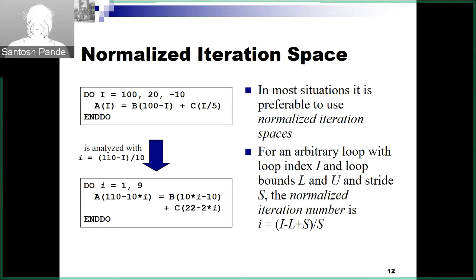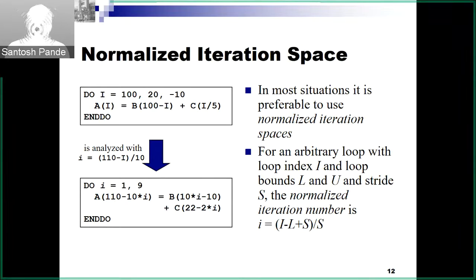And the original value of I will be changed into, I believe, 110 minus 10 times small I. That's what the original value of I will be substituted by. And so if we do this and change capital I to small I using this transformation, this is what we'll get everywhere.